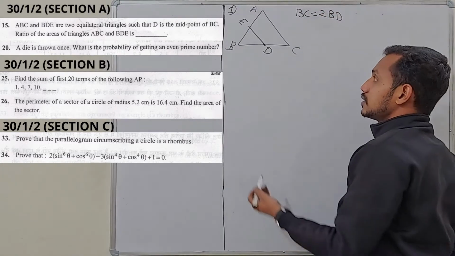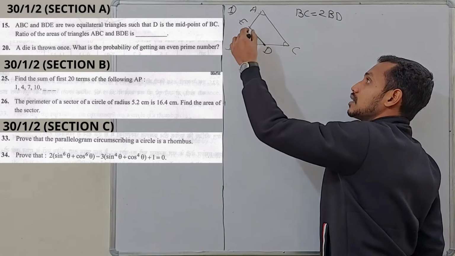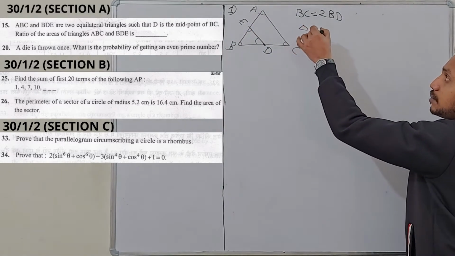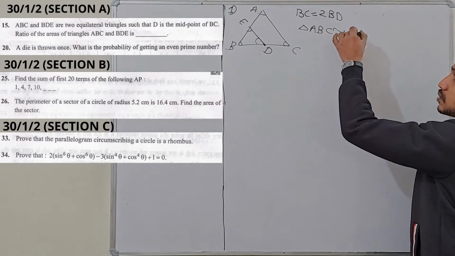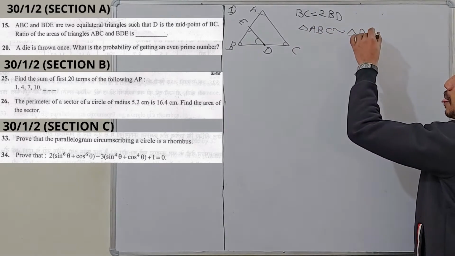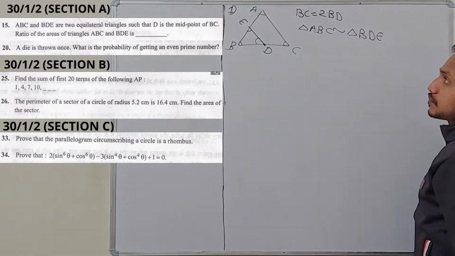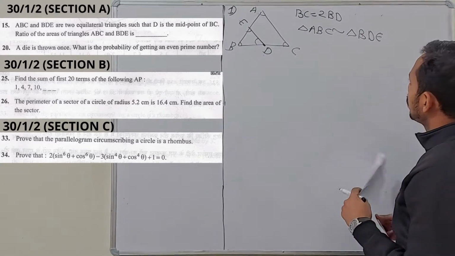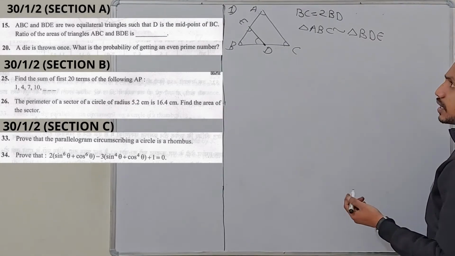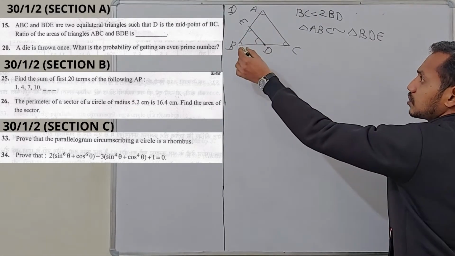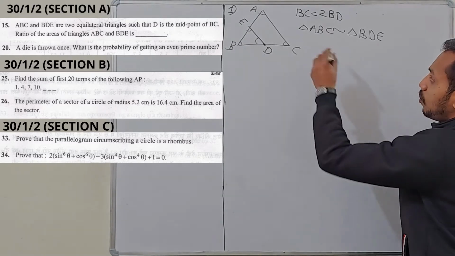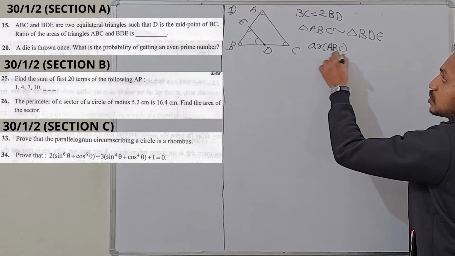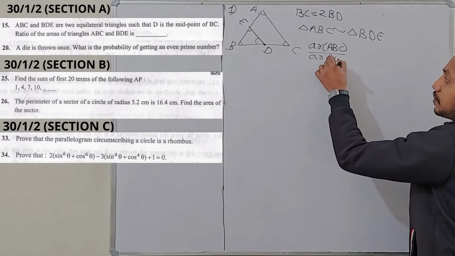Now we already said in the question that these two triangles are equilateral, which means they are similar. That means triangle ABC is similar to triangle BDE. Then we have to find the ratio of the area of triangle ABC to the area of triangle BDE.